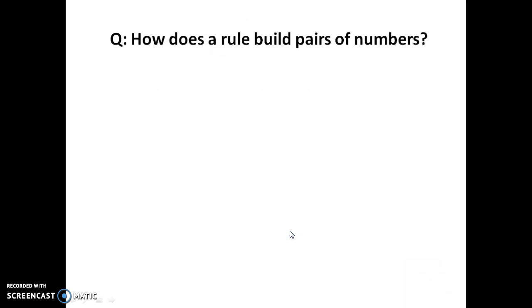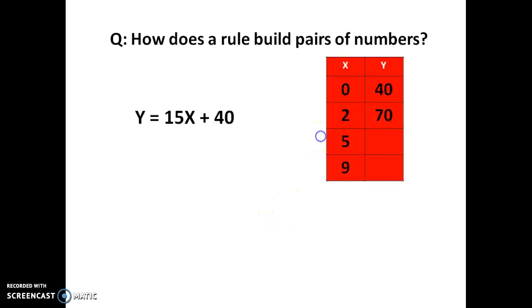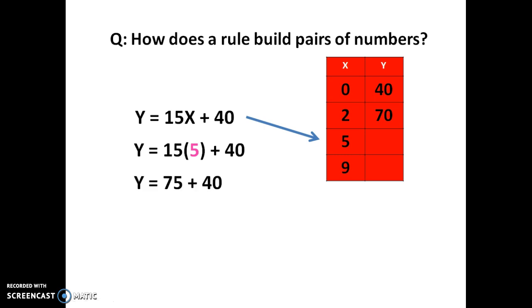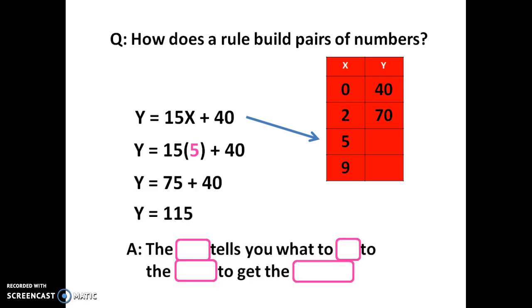So the big question here is, how does a rule build pairs of numbers? If we look at y equals 15x plus 40, and we have our table here, when we substitute in 5 for x, and then we simplify, that gives us our y value.